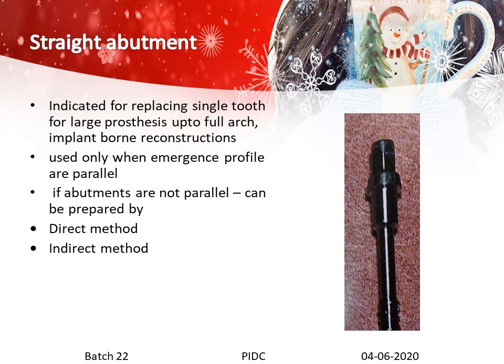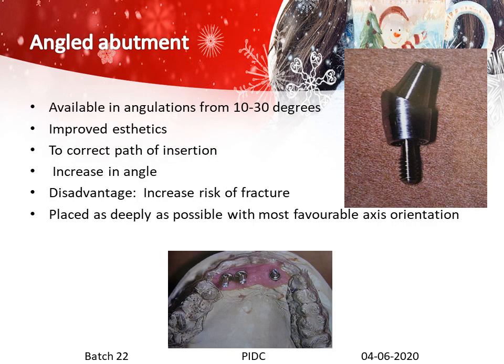Next category is your straight abutment or angled abutment. It is indicated for replacing a single tooth or for large prostheses up to full arch implant bone structures, used for emergence only when the emergence profile is parallel, but if it is not parallel, then it can be prepared by a direct or an indirect method. Next, coming on to the angled abutment. This is available in angulations of 10 to 30 degrees.